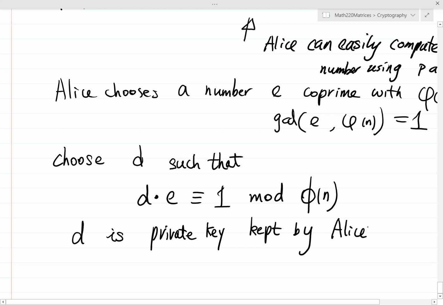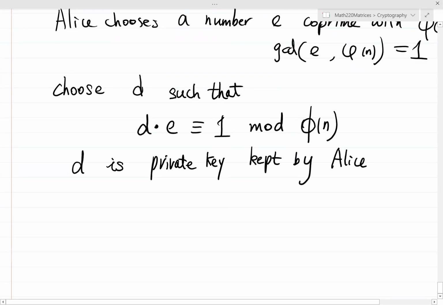Now e is public. So the public information is n, which you write as a decimal number with hundreds of digits, and this number e. Everyone can know this.